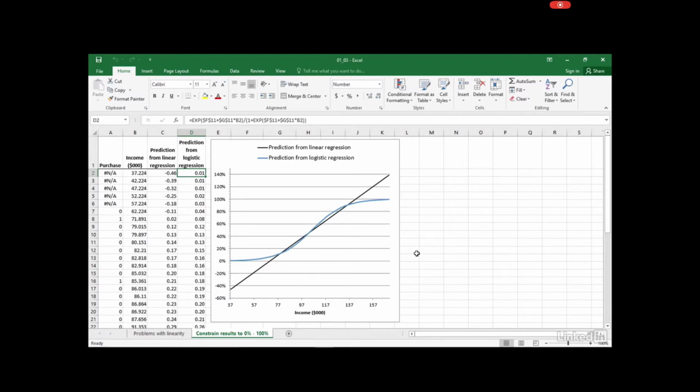There are three tools that logistic regression uses to get to this outcome. One of them is the use of odds rather than probabilities. As you probably know, odds are closely connected to probabilities, but they do behave differently, and we'll be taking a look at that. The second tool is logarithms.